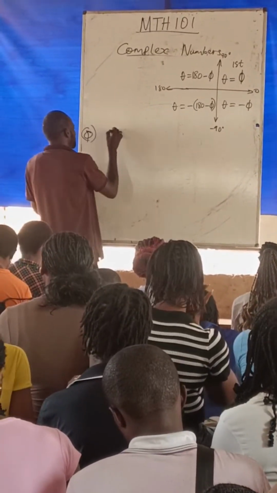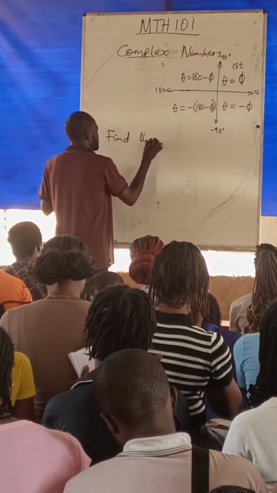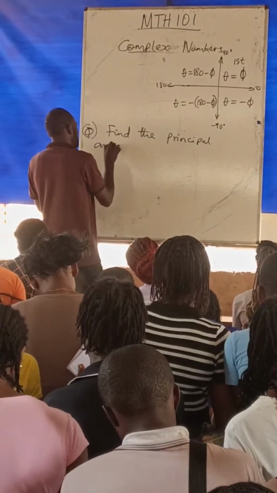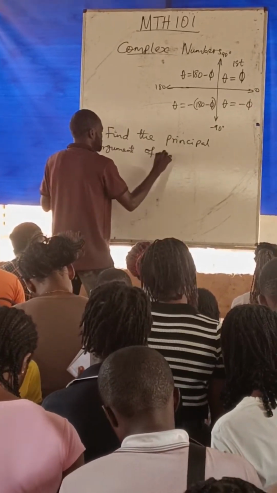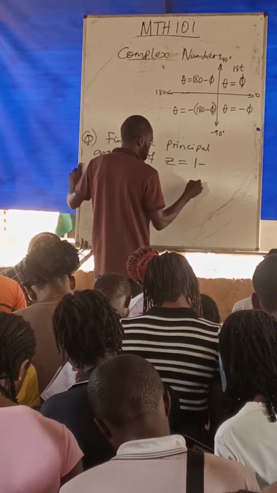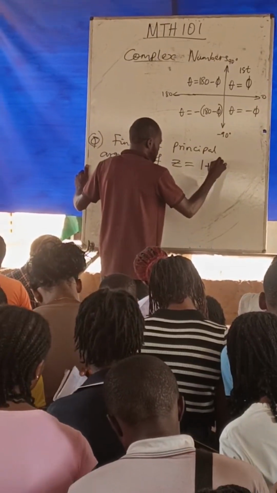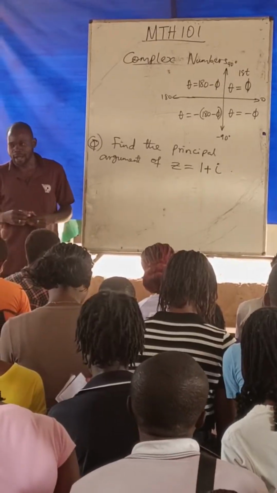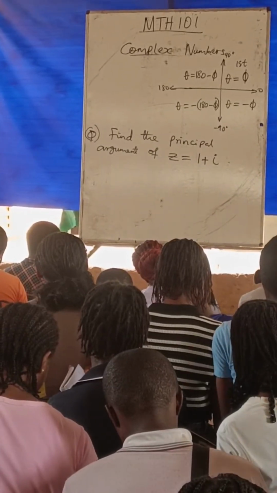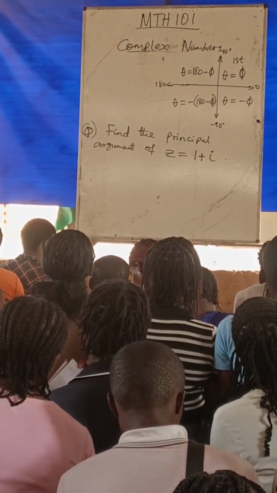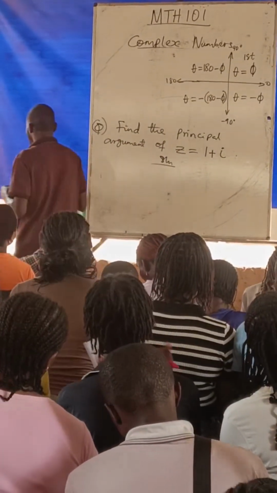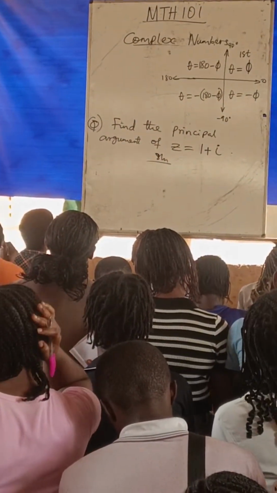The question is: find the principal arguments of Z equals 1 plus I. Find the principal arguments of 1 plus I.